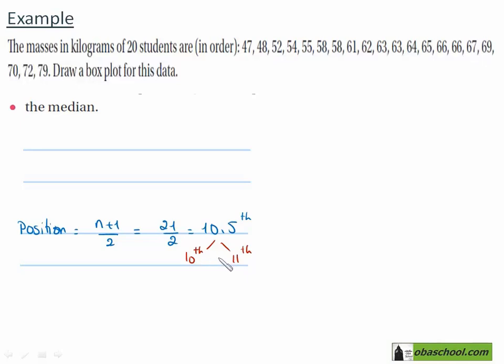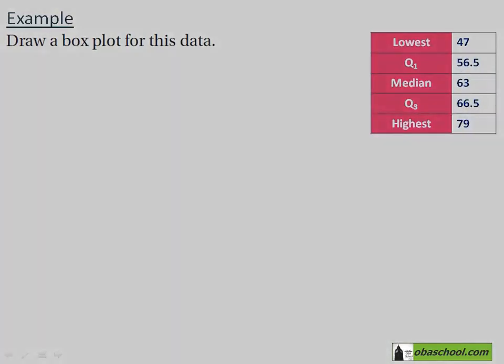The 10th value is basically 63, and the 11th is also 63. And so, of course, their median is their sum divided by 2. And since they're both the same, it's going to be 63. And that is how you find the summary statistics. Now, in the upcoming tutorial, we're going to draw the box plot.